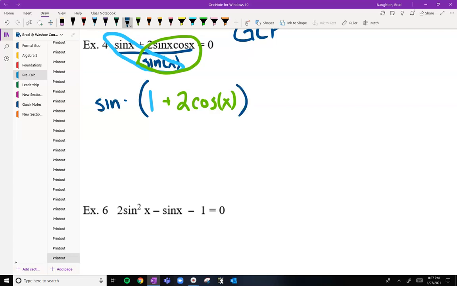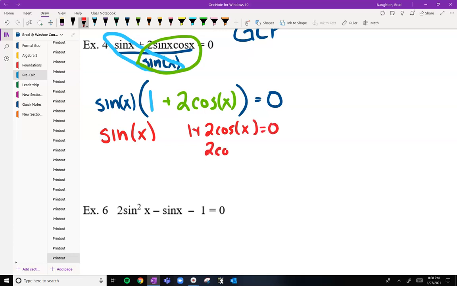That's not how that rolls. So then we set it equal to 0. So we get sine of x is equal to 0, and then 1 plus 2 cosine of x is equal to 0. So solving this quickly, we're going to get 2 cosine of x is equal to -1, and then cosine of x is equal to -1/2.